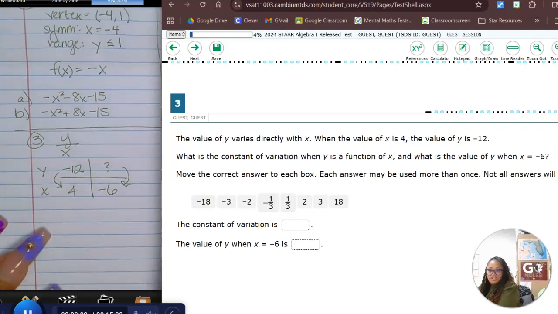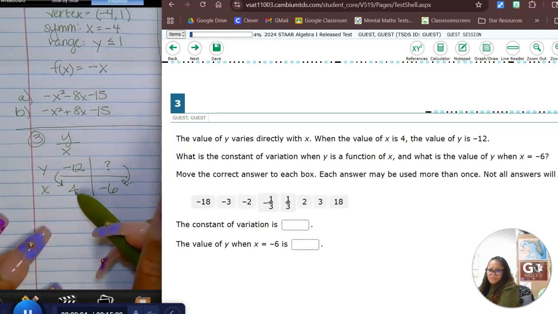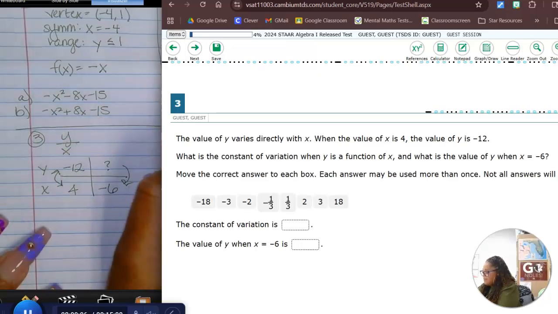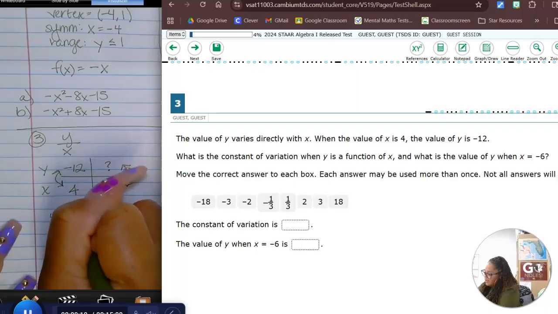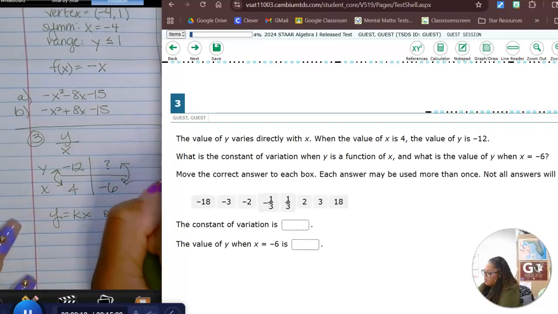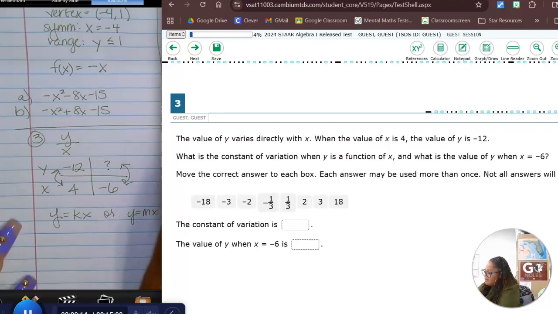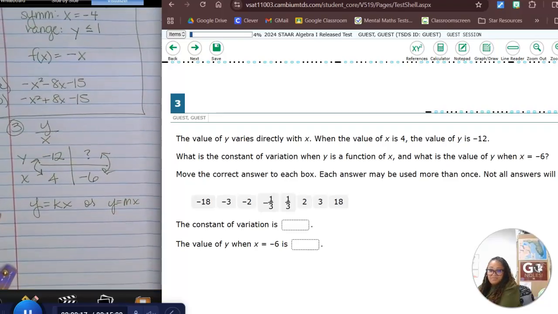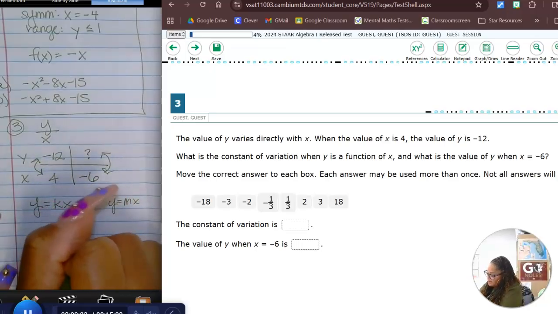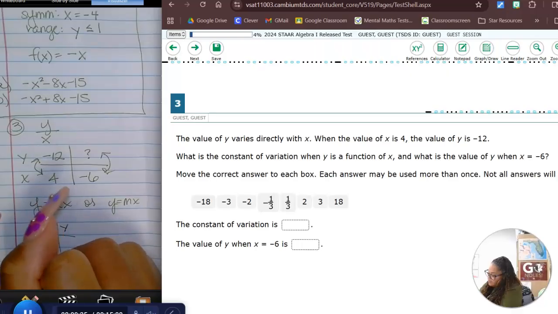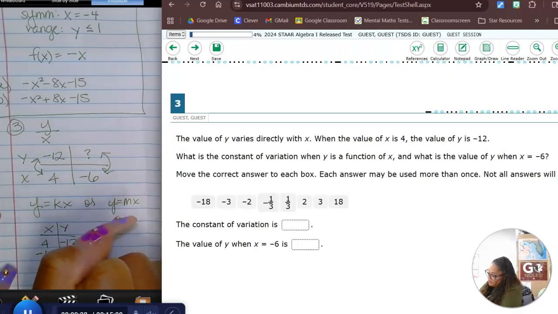That's my constant of variation, how do I get from -12 to 4 or vice versa. Typically this is an equation, y equals kx or y equals mx, and they don't have the b because b is just 0. So how am I getting from y to x, or x to y? So it's 4, -12, -6, and we don't know.